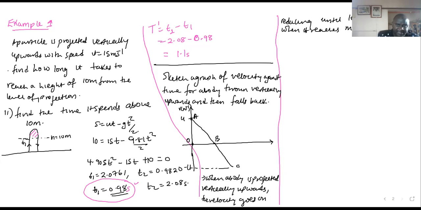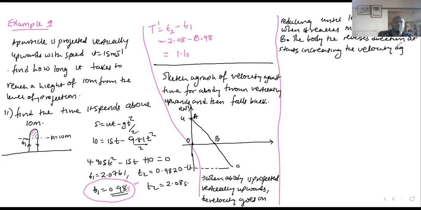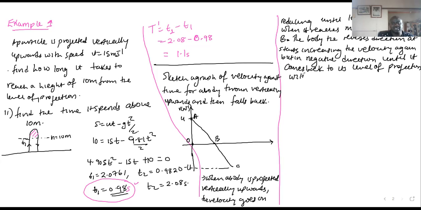It reaches maximum height at B. The body then reverses direction and starts increasing the velocity again, but in a negative direction, until it comes back to its level of projection with the same speed as it left.